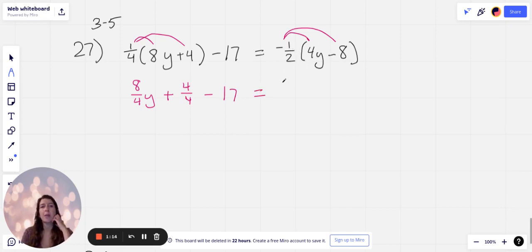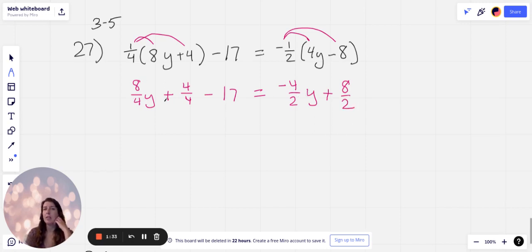So negative 1/2 times 4 is going to be negative 4 over 2y. And then be careful here because I have a negative and a negative, so it's going to turn into a positive 8 over 2.